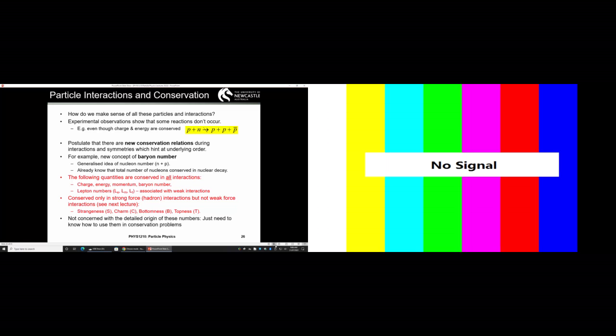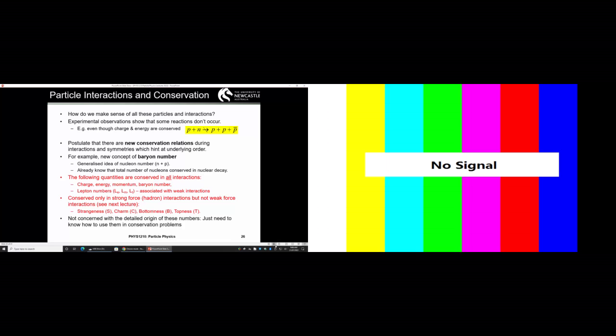What we're really interested in is the underlying structure, the principle of what the rules are that govern which interactions can occur, which in the end tells us the rules for how everything around us is made.